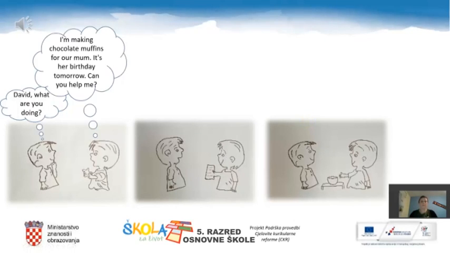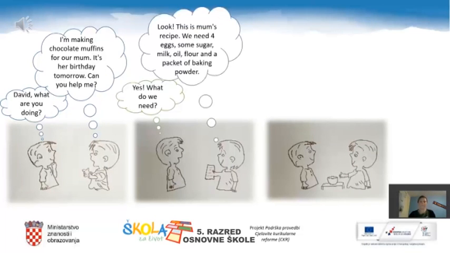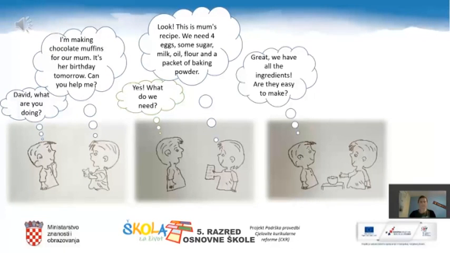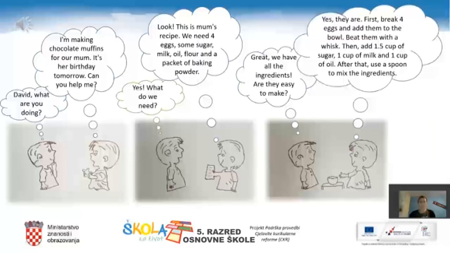I'm making chocolate muffins for our mum. It's her birthday tomorrow. Can you help me? Yes, what do we need? Look, this is Mum's recipe. We need 4 eggs, some sugar, milk, oil, flour, and a packet of baking powder. Great, we have all the ingredients. Are they easy to make? Yes, they are. First, break 4 eggs and add them to the bowl. Beat them with a whisk. Then, add 1.5 cup of sugar, 1 cup of milk, and 1 cup of oil.